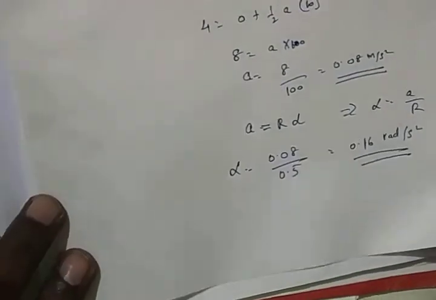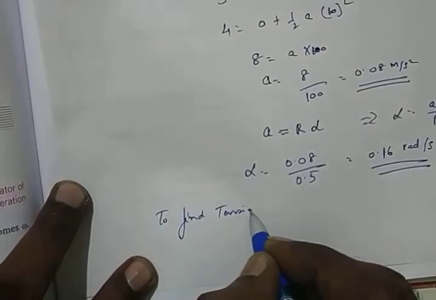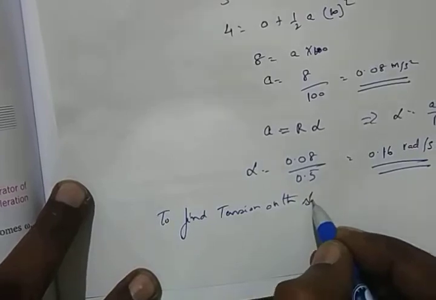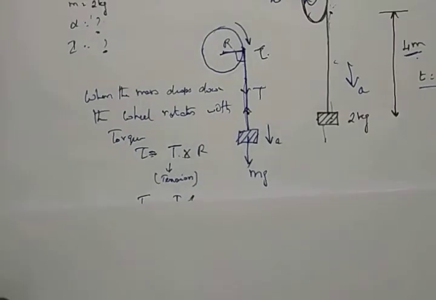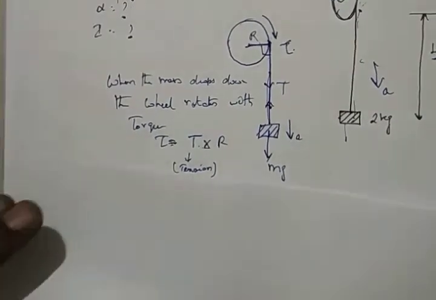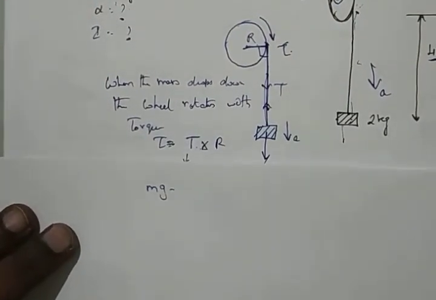Right. Now we have to find out tension here. Tension also we need to find out, and then equate all of them here. Next line. To find tension on the string, what is the equation you need to put? We already know the equation. Whenever a body falls down, for tension you need to see it as the body is coming down with the weight as m into g.